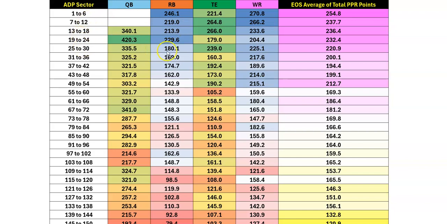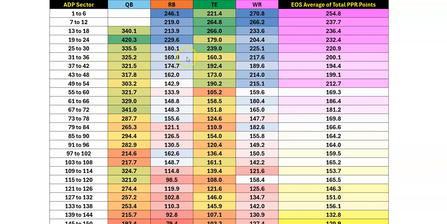But clearly, at the 25th, the 30th, and on down, you start dropping from that. If you looked at tiers, you would see that 25 to 30, 36, 42, probably 48.